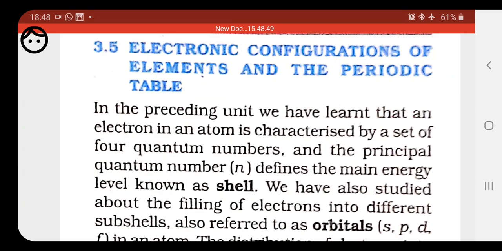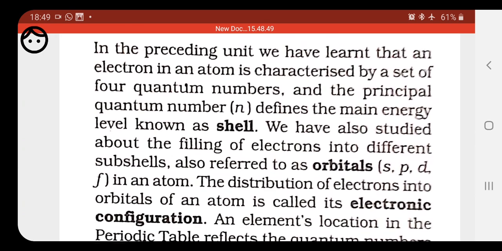The principal quantum number, denoted by n, represents the main energy level, which is called a shell. If the value of n is 1, we are talking about the first shell. If n is equal to 2, it means the second shell, or the third shell, and so on. So it is very necessary to know about the quantum numbers also, isn't it?